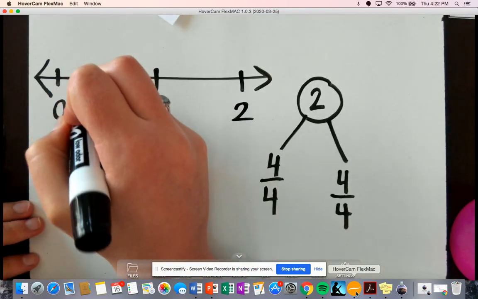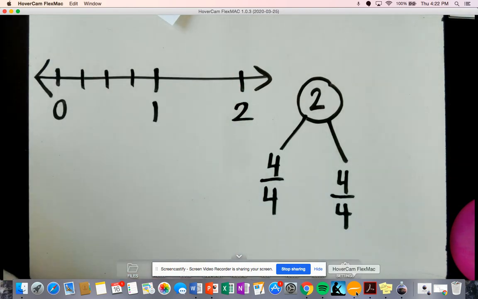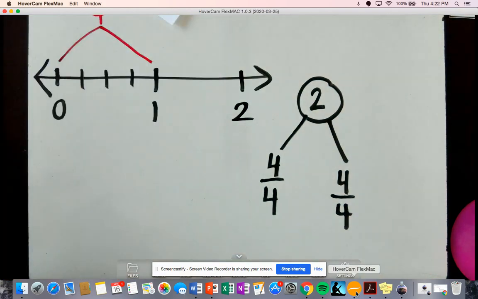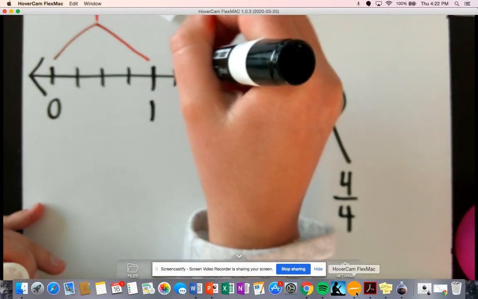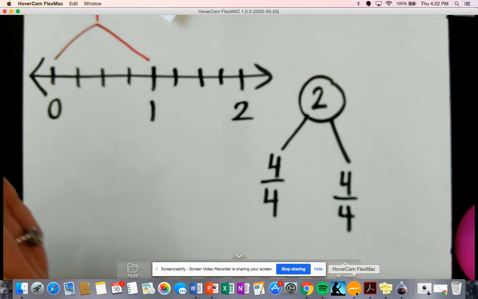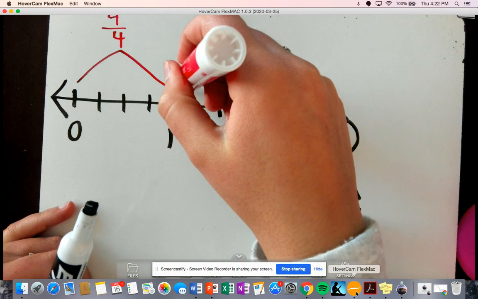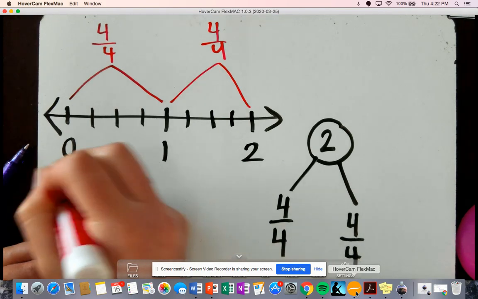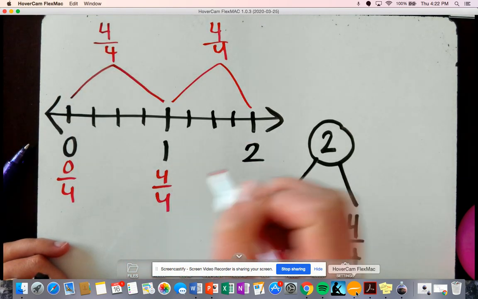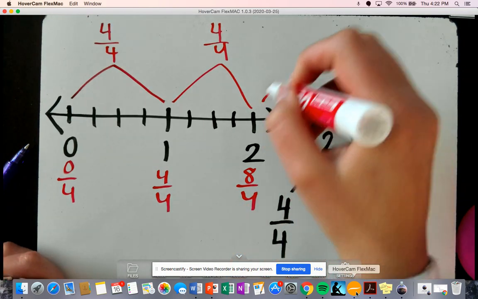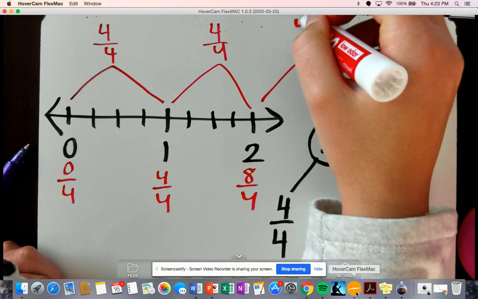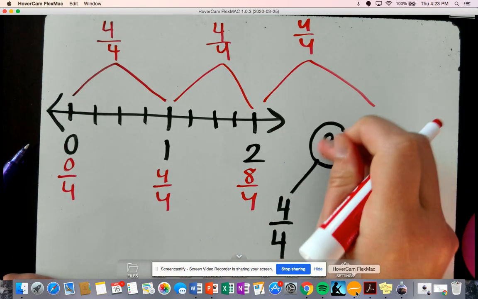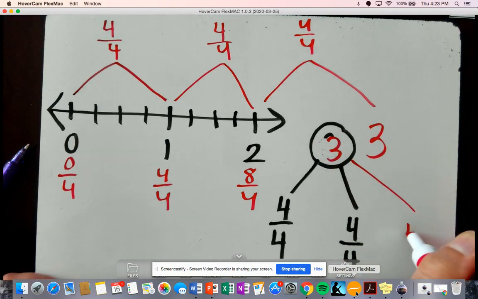So I have 1/4, 2/4, 3/4, 4/4, and then another 4/4. 1/4, 2/4, 3/4, 4/4. So now I have 4/4 and 4/4. And if I put that on my number line, I would have 0/4, 4/4, 8/4. And every whole number, I add another 4/4. Okay, and if I added another 4/4, then I would change this and add another 4/4.